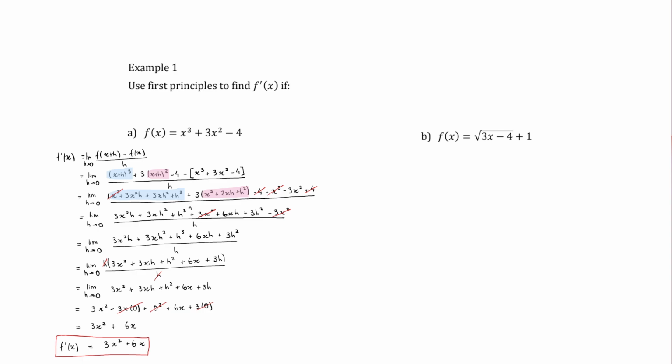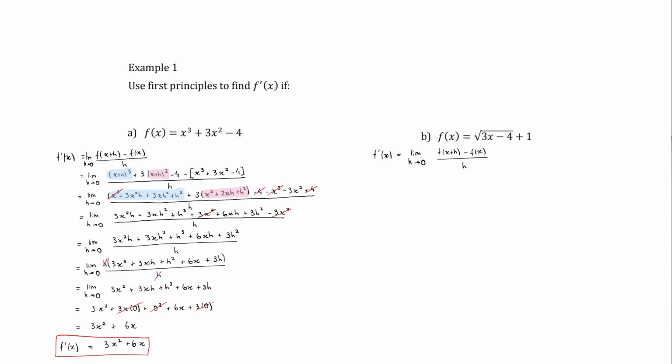We are going to start by setting it up. So here again, going back to that definition of the derivative, f prime of x is equal to the limit as h approaches 0 of f of x plus h minus f of x over h.